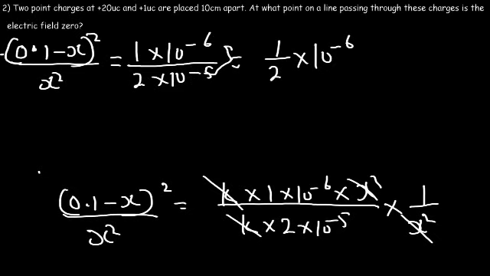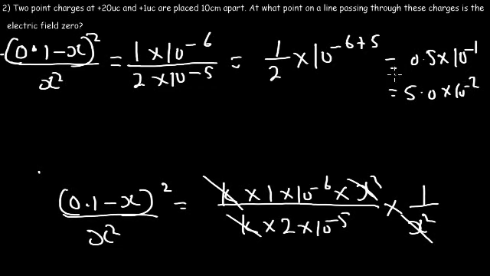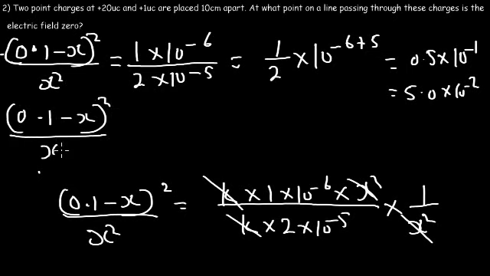If this comes to the numerator, it will become a positive sign, plus 5. So 1 by 2 is 0.5 times 10 to the power of negative 1. And this should be 5.0 times 10 to the power of negative 2. Perfect. So right now I have (0.1 minus x) all squared divided by x squared equal to 5.0 times 10 to the power of negative 2.